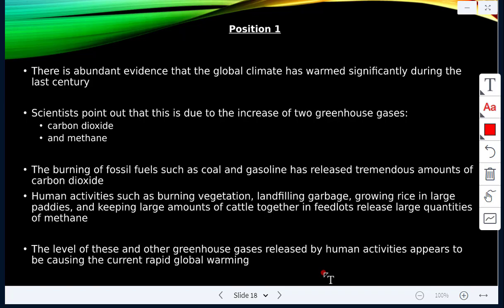Human activities like burning vegetation, landfilling garbage, growing rice in large paddies, and keeping large amounts of cattle together in feedlots are all releasing large quantities of methane. The level of these and other greenhouse gases released by human activities is what appears to be causing the current rapid global warming.